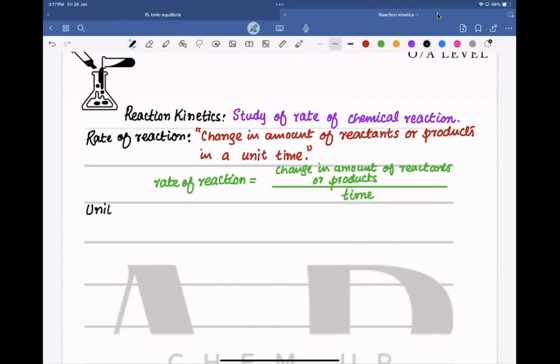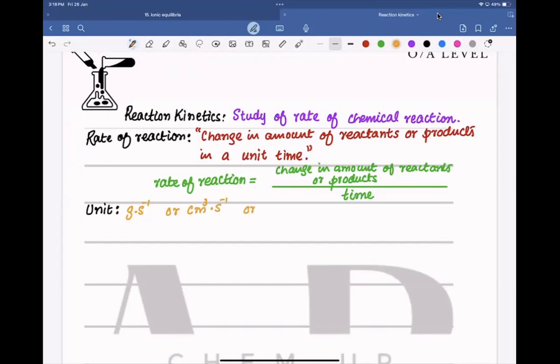Then see, it is change in amount. So the unit can be, if we are observing the change in mass, then it is gram per second. And if we are measuring the volume of a gas in a unit time, so the rate will be centimeter cube per second.